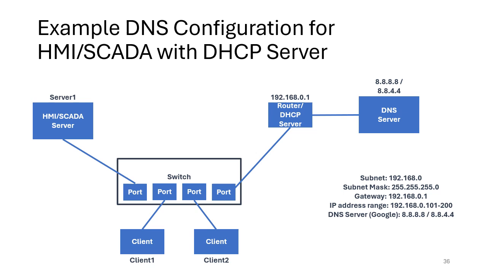And then that allows this HMI SCADA server and client to be able to access internet resources using your standard HTTP type name in your web browser. Again, DNS can also be used locally as well, because you might want to use local computer names, and that's where you'd have your local Active Directory server, which could have the local computer name as well as being able to access those internet names.